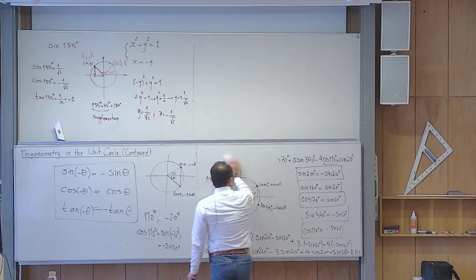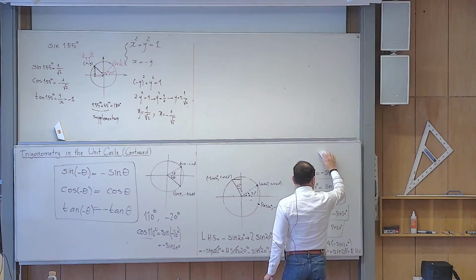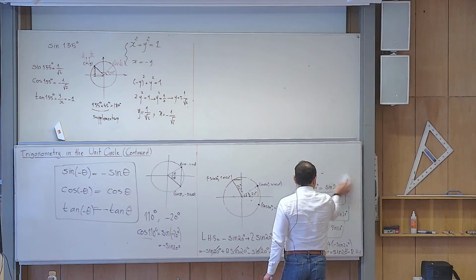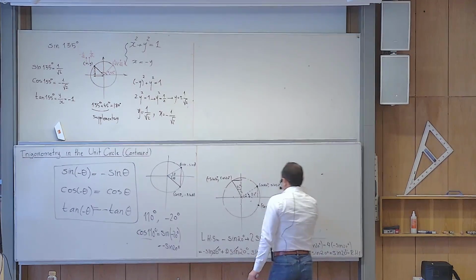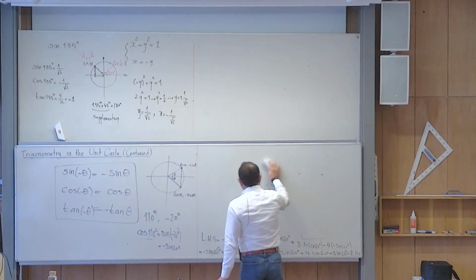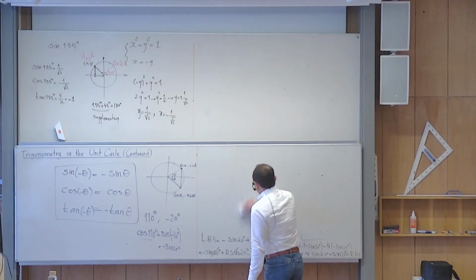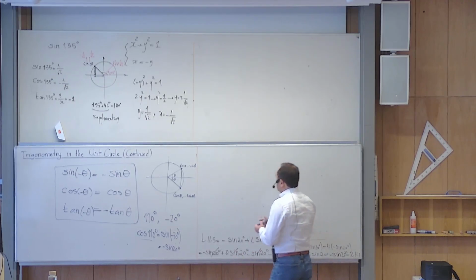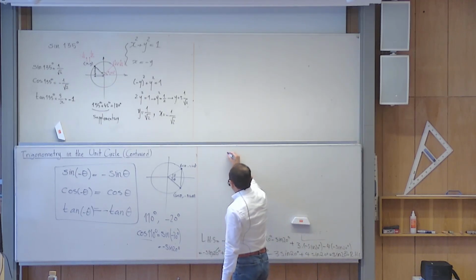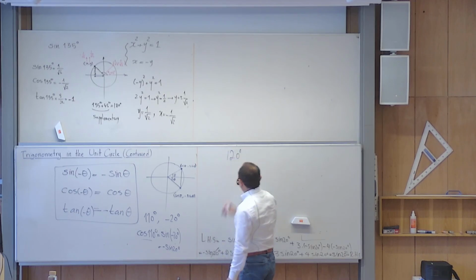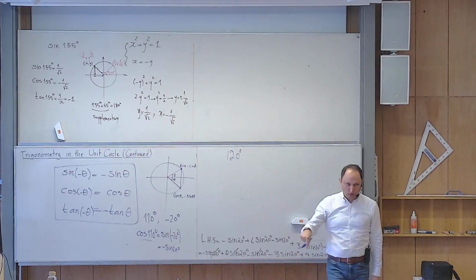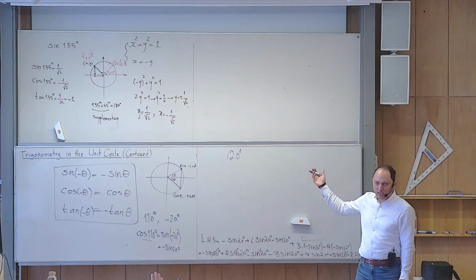Now let me ask you this question. If I ask you, can you give me the supplement to 120 degrees? Do you remember this is the word that we learned today? Supplement, everyone say it. 60 degrees.